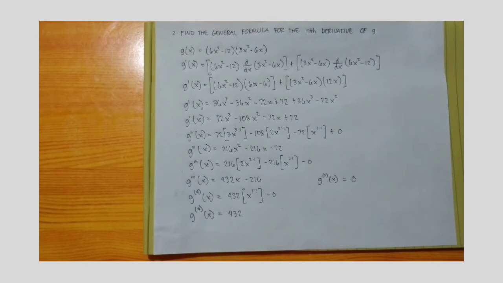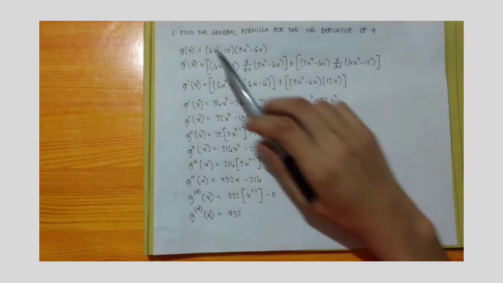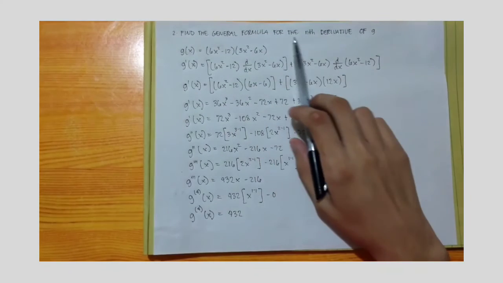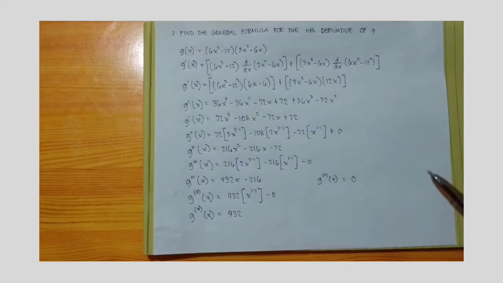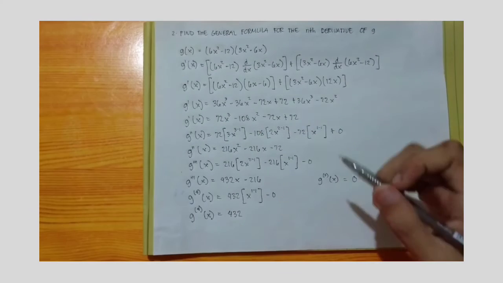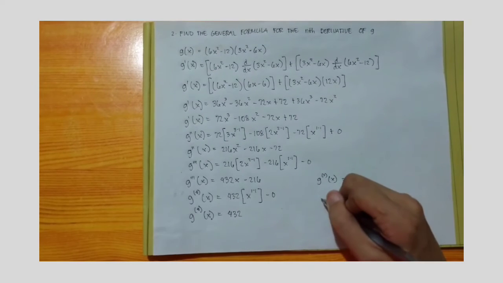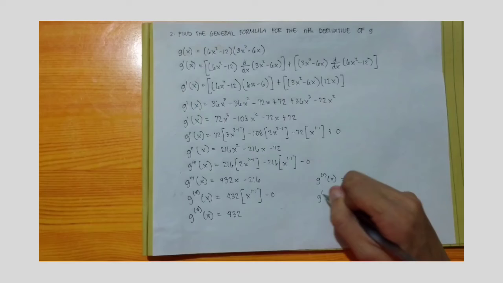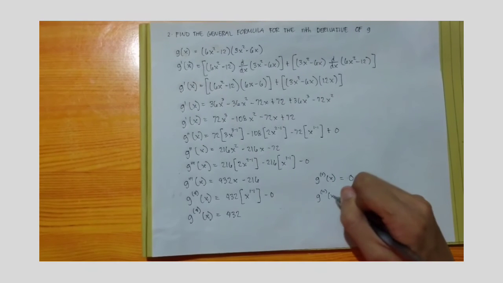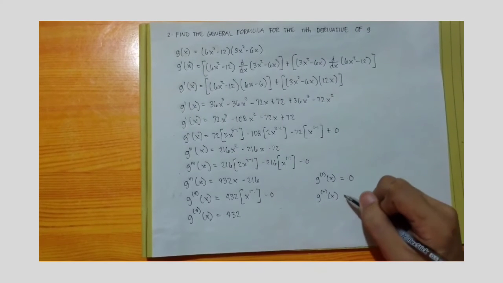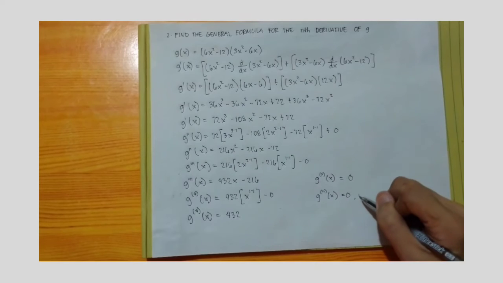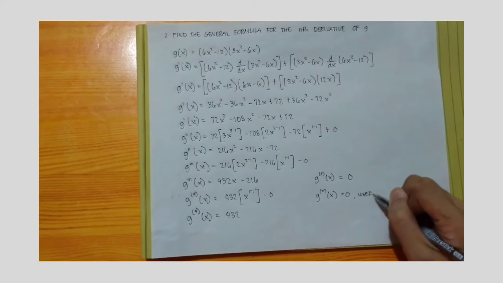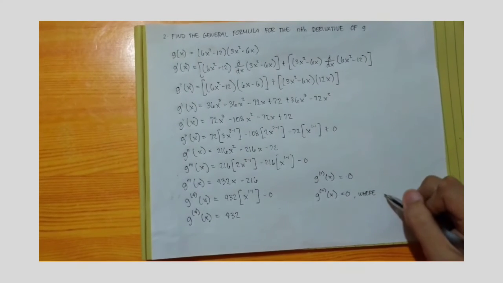Since it is equal to 0, we now have the general formula for the nth derivative of g. Therefore, the answer is g raised to the power of n of x is equal to 0, where n is greater than or equal to 5.